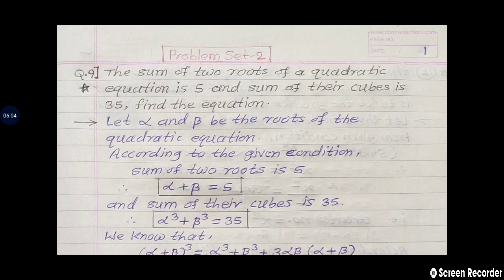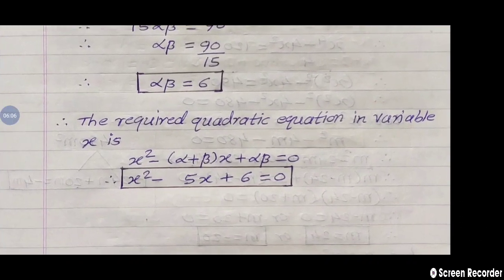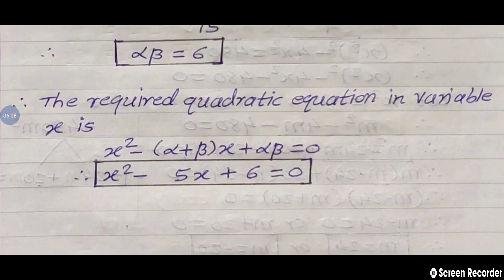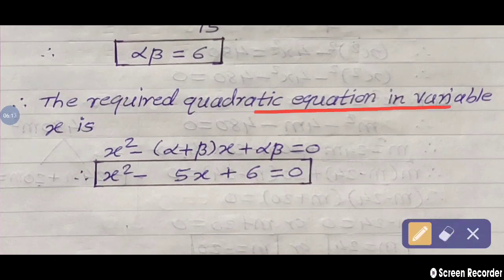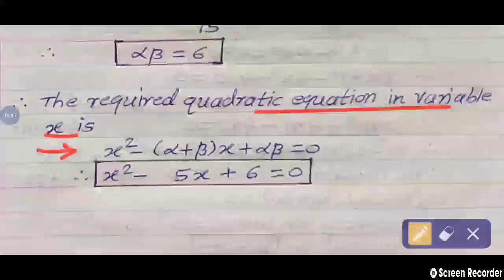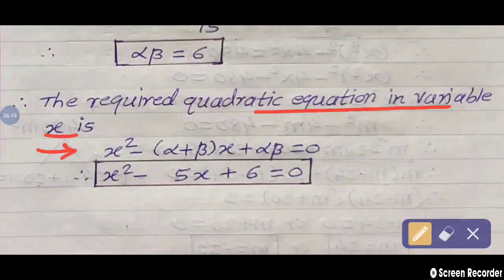Find the equation. So we know the standard format. Therefore, the required quadratic equation in variable x is, in the first step, x square minus in bracket alpha plus beta into x plus alpha beta is equal to 0.